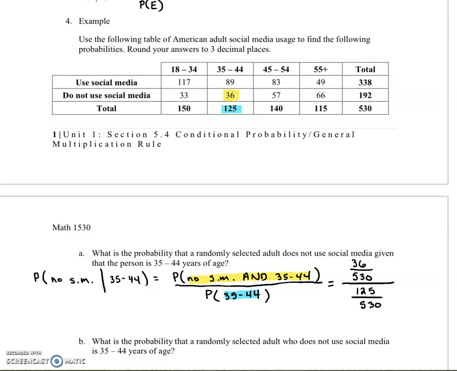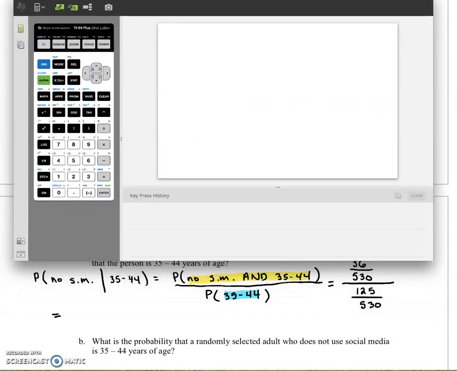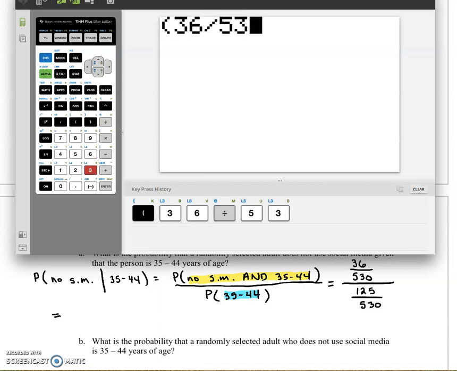So when we type this in the calculator, we are going to type it in like this. Let me move this up a little so I can see what we have. Okay, so we're going to put each of those two fractions in parentheses. We start a parentheses and we do 36 divided by 530.